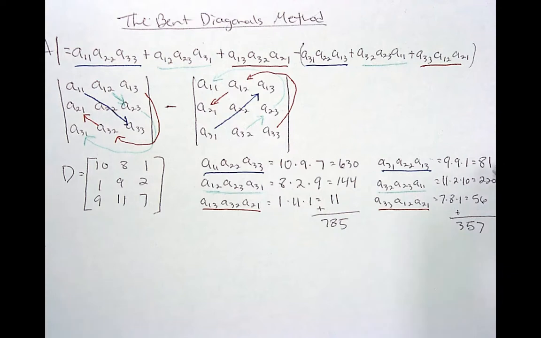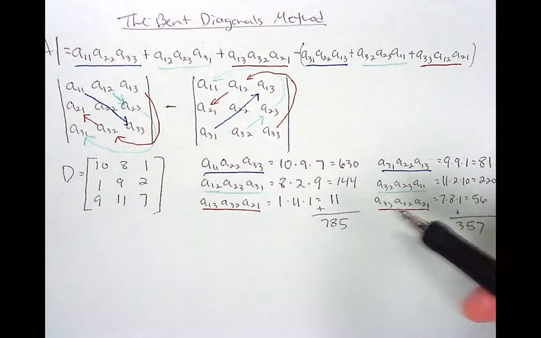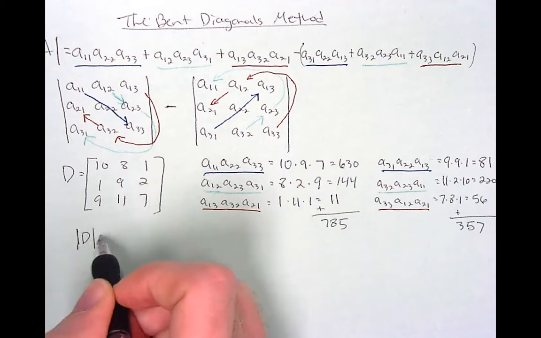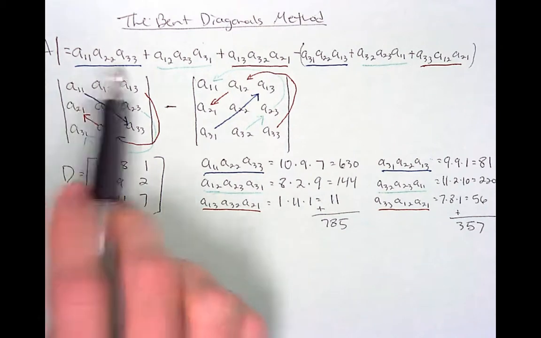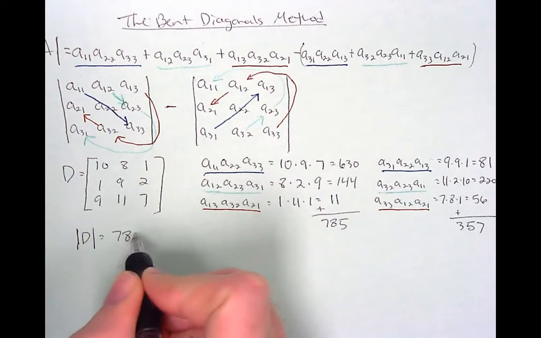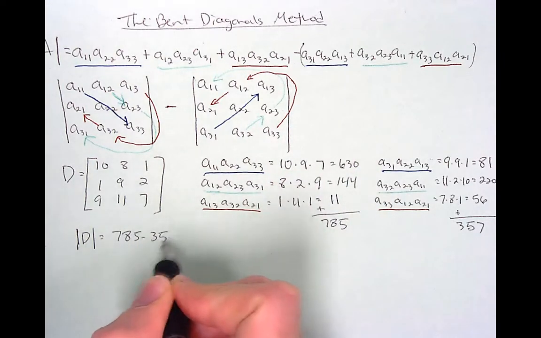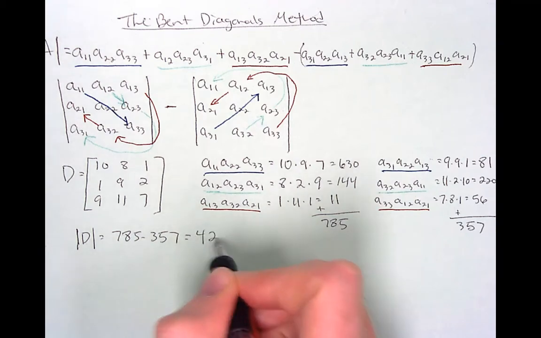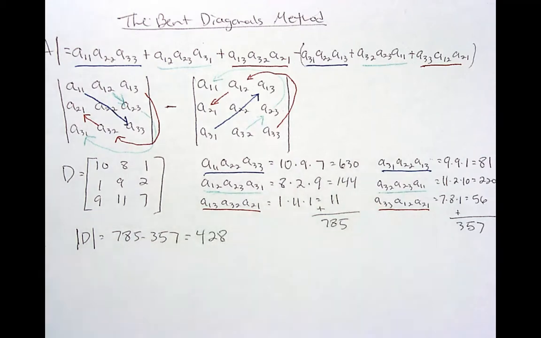So just add these values up. So we're going to have the determinant of D. It's going to equal the sums of products here minus the sums of products here. So we have 785 minus 357, which will come to 428. So let's go over to Excel and just check that.